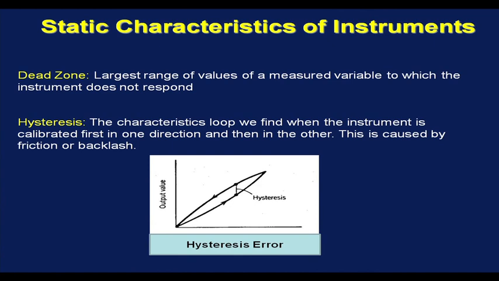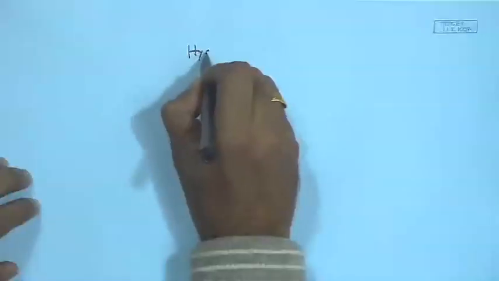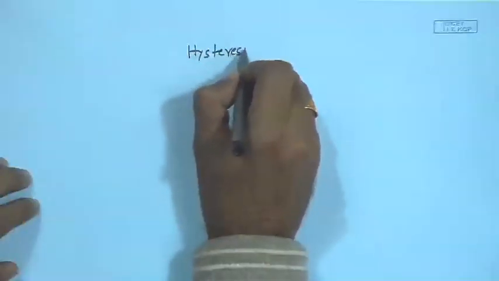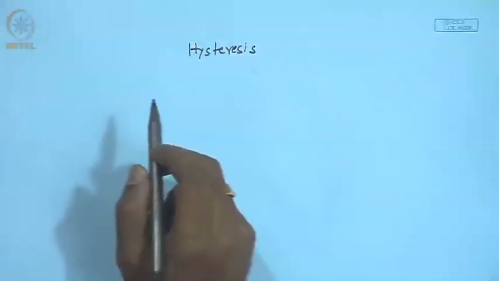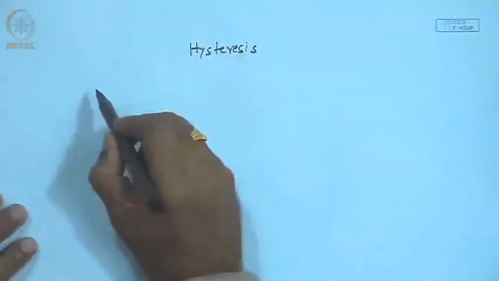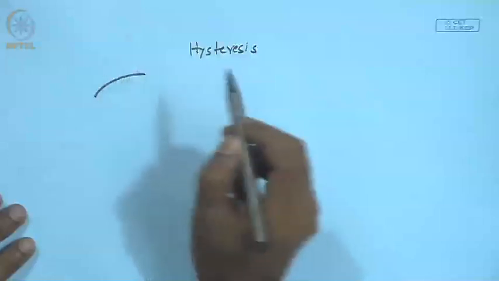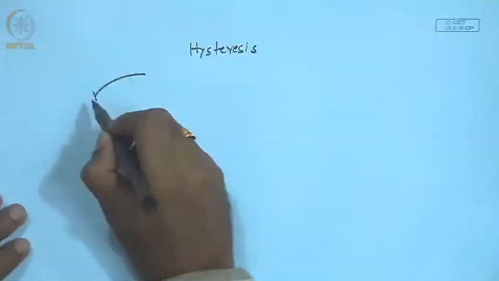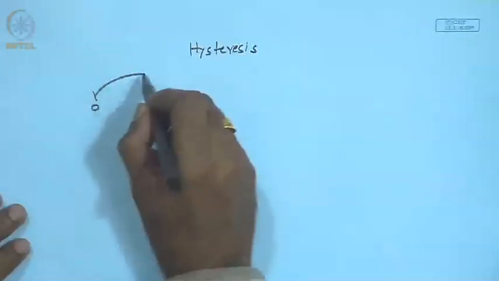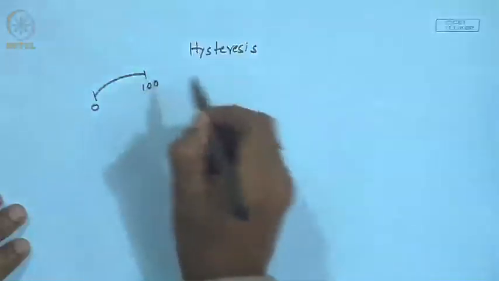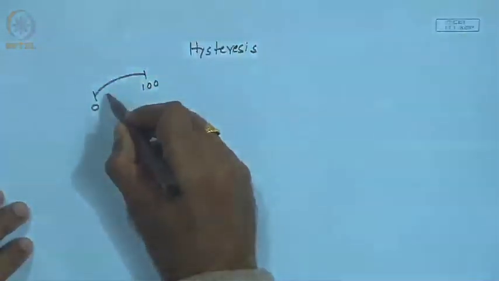Let us consider an instrument with a scale as follows. We have 0 at the lower end and let us say 100 at the high end.